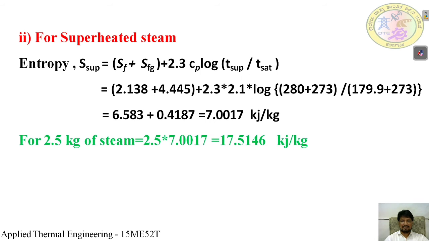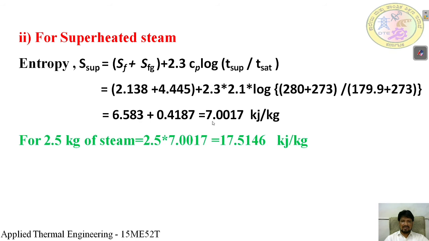Then the T superheated into the log. The superheated temperature given in the problem is 280, convert this into Kelvin by adding 273. Similarly, the saturated temperature from the steam table is 179.9 plus 273 to convert to Kelvin. Now on calculation you will get 7.0017.